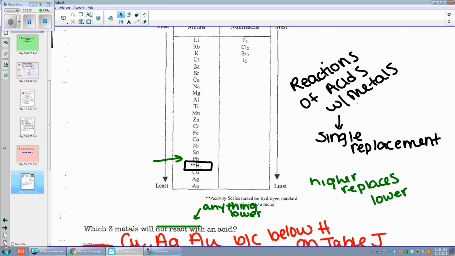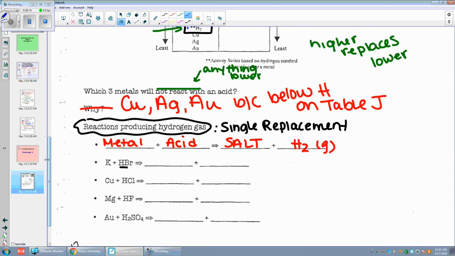Oops, this moved my little box. Oh, it moved everything. That's okay. I want to see, where's K? Oh, K is way up here. K's up here. H is down here. So if I come back down and say, okay, K can replace H. So K goes where the H is, kicks H off. H is diatomic, so it must be H2.